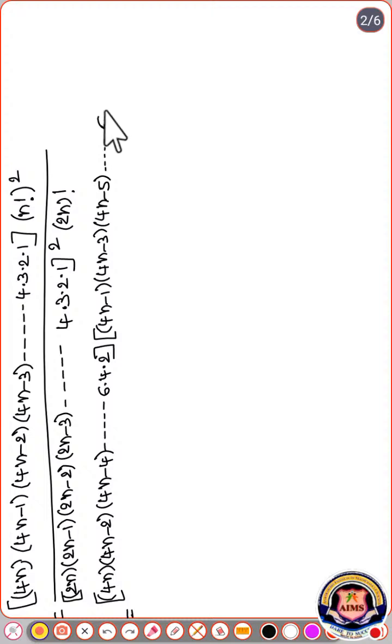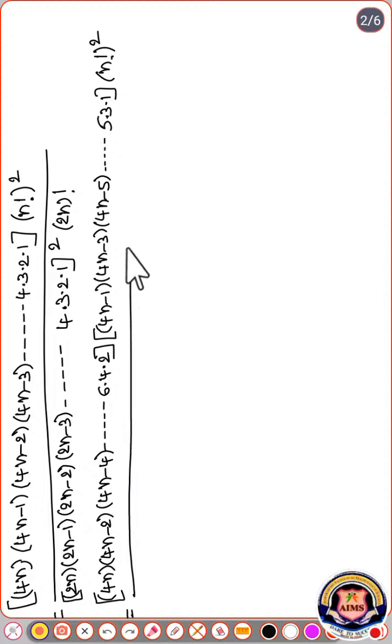Just take 3 odd numbers 5, 3, 1, and the remaining is n factorial whole square. Just we have separated the numerator into even numbers as well as odd numbers.